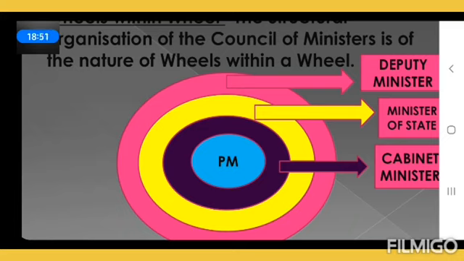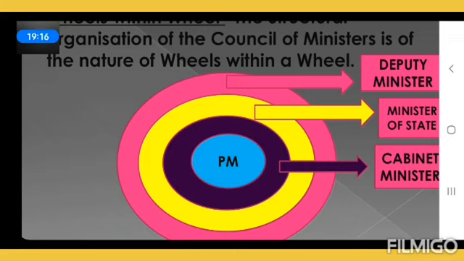Students, they consist of how many? 15 or 20 ministers. These cabinet ministers hold important departments, and together they formulate all the policies of the state.